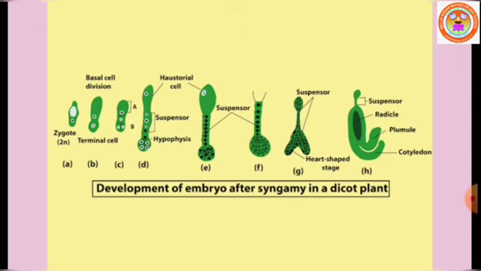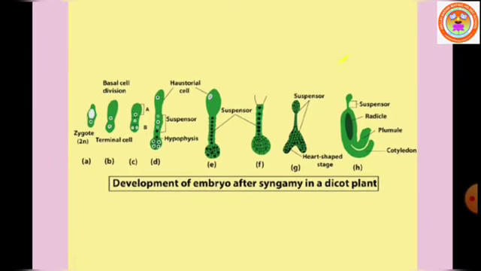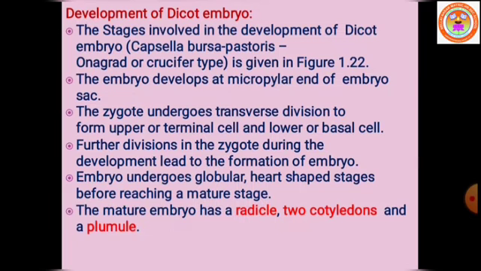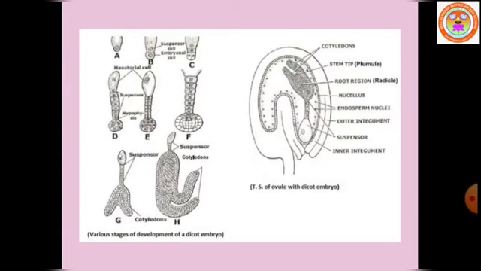The basal cell divides transversely, and the terminal cell divides vertically.